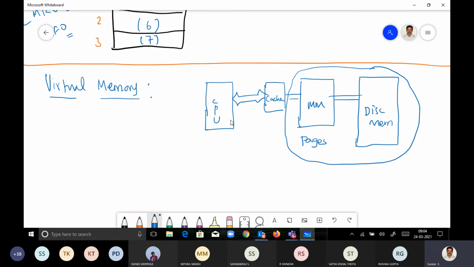Fine. Now the thing is, when the CPU is accessing something from the disk memory, it's a time consuming process.